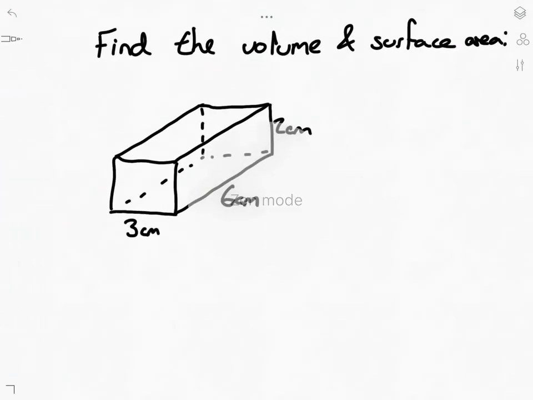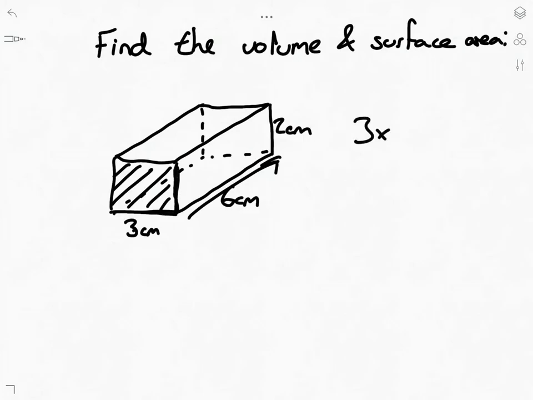So let's do an example question. It says find the volume and surface area of this shape. So you should know with prisms, you find the area of this face. It doesn't matter what the face is, find the area of it, then times by the length. So the area of this face is just 3 along the bottom, 2 up the side. So 3 times 2 is 6.